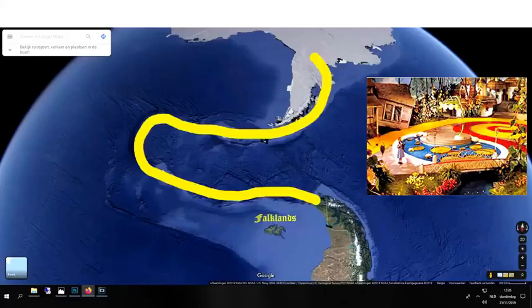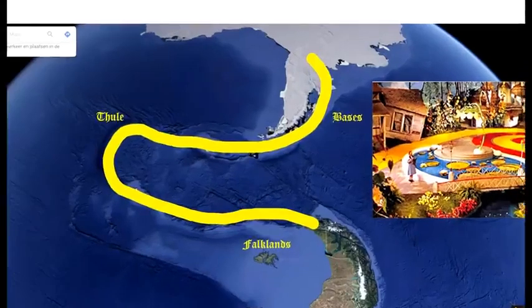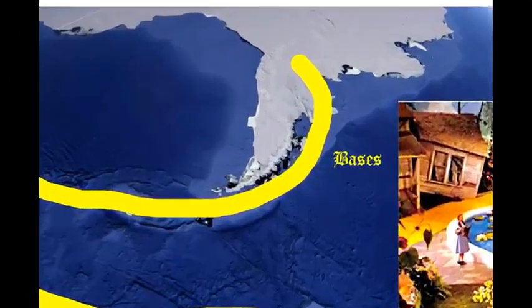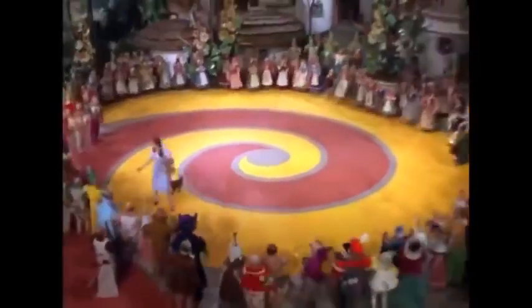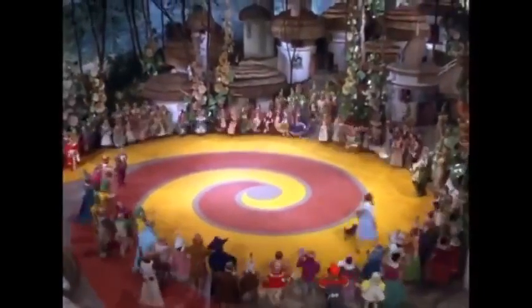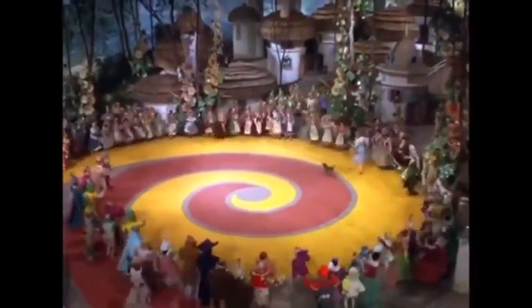And at the end of the road you have some bases for science, of course, not military. No. So is this the yellow brick road? I think it is. Start with a curvature and go to Antarctica. That's the way to escape flat Earth.